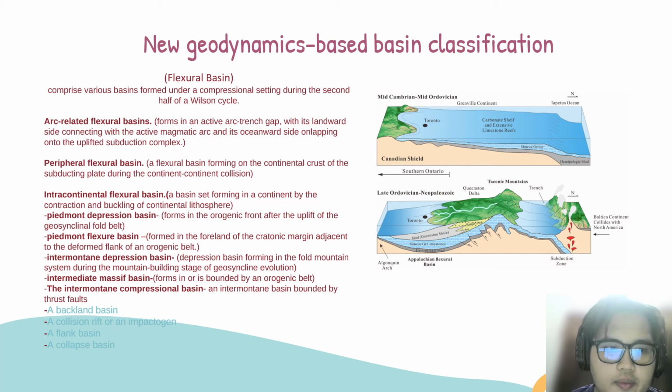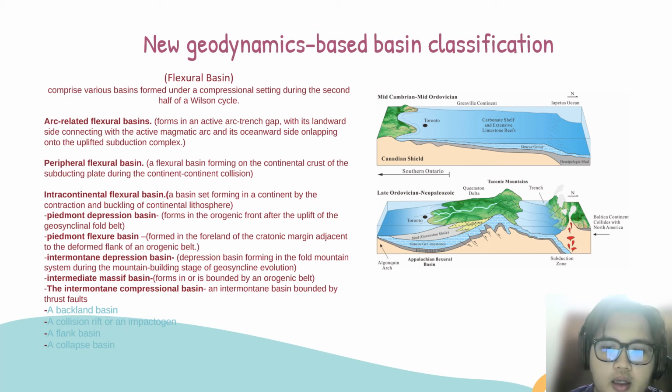The fourth one is the Piedmont Depression Basin. This basin formed in the orogenic front after the uplift of the geosynclinal fault bed. And then the next one is the Piedmont Flexural Basin. This basin formed in the foreland of the cratonic margin adjacent to the thrust flank of an orogenic belt.